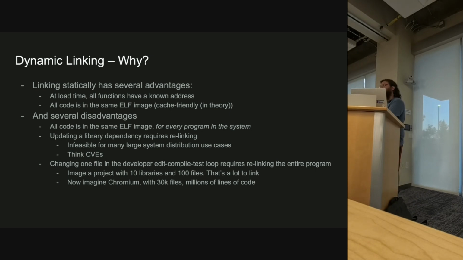Is that something that you're going to talk about, or something you've come across? Certainly not going to talk about it, because this is the ELF talk, but static linking is kind of universal.